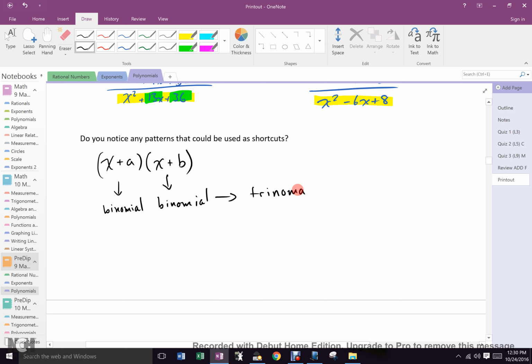And that trinomial follows this form: x squared plus, and then this term I'm going to put in a box, a plus b, then an x, plus, then in this box, a times b.